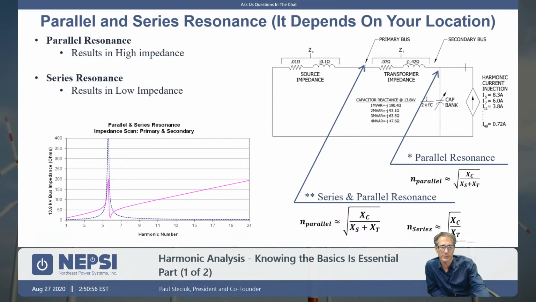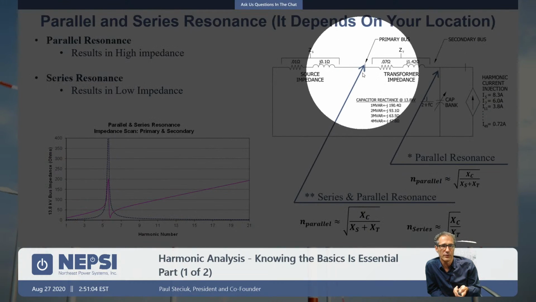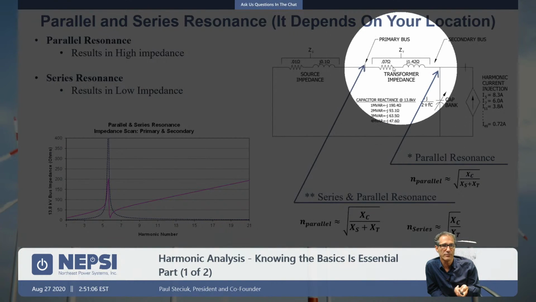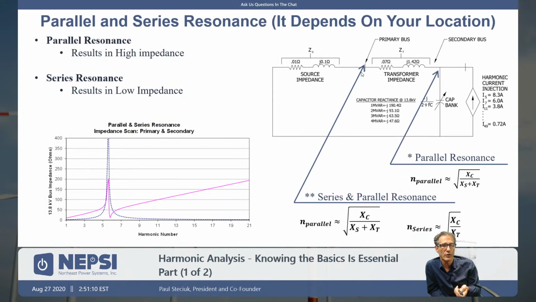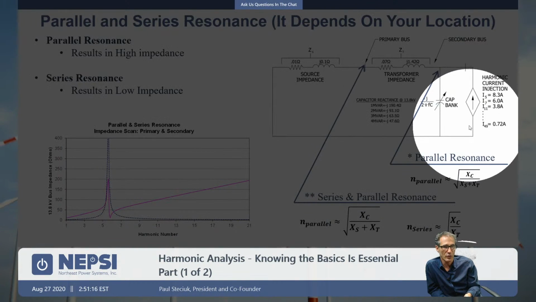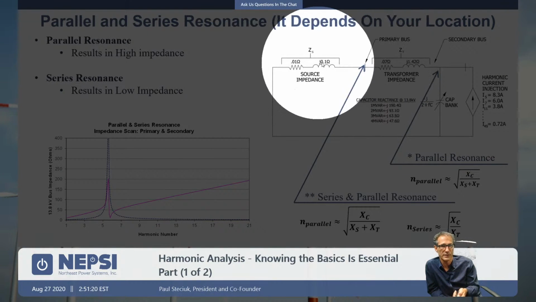Just a couple more topics today, and we'll be closing up. So remember, I expanded that network again to include both the secondary bus and the primary bus, followed by the source impedance. Depending upon where you are in the network, you have what's called parallel resonance, or you have series resonance. Looking from the load here, it's a parallel resonance. This capacitor is in parallel with this impedance here.